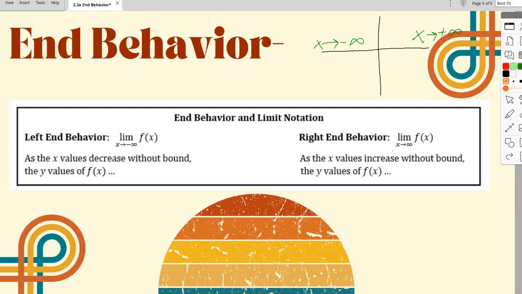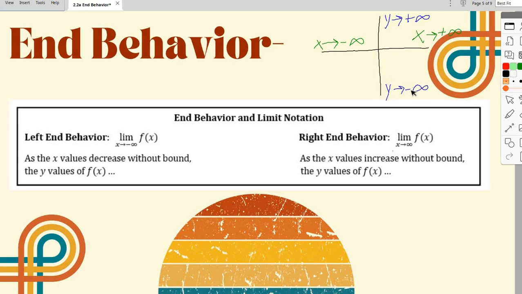Okay. But we also need to talk about, so we're trying to describe what f of x is doing. So remember from the graphs that we looked at a second ago, our ends are either going to point up or they're going to point down forever. Yes? Okay, so if we point up, what type of y values are we getting there? Positive. If we point down, what type of y values are we getting there?